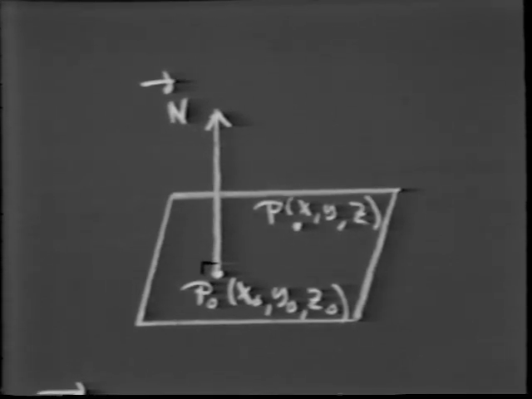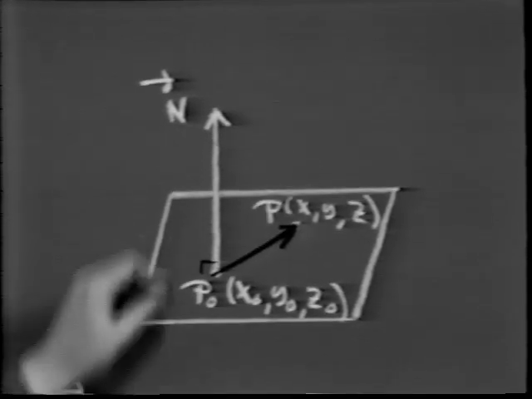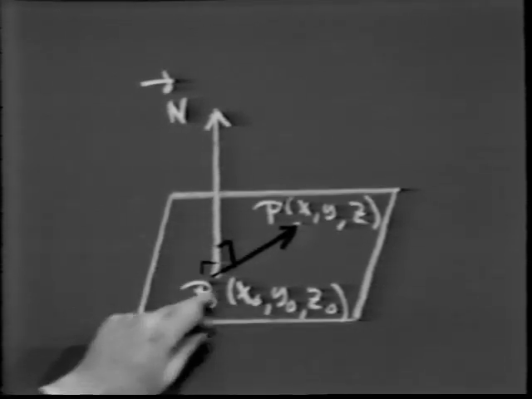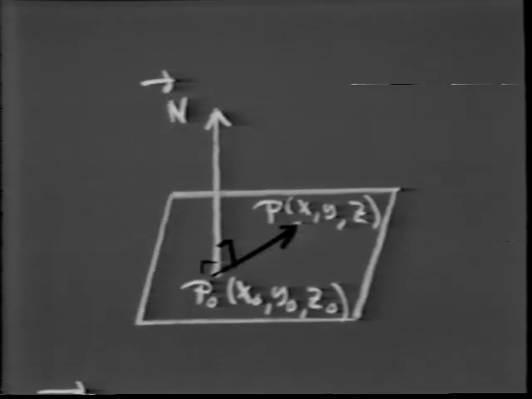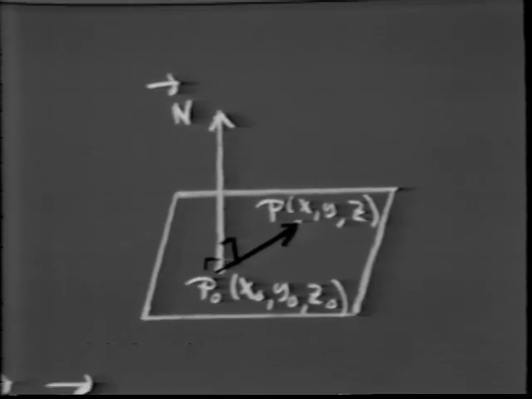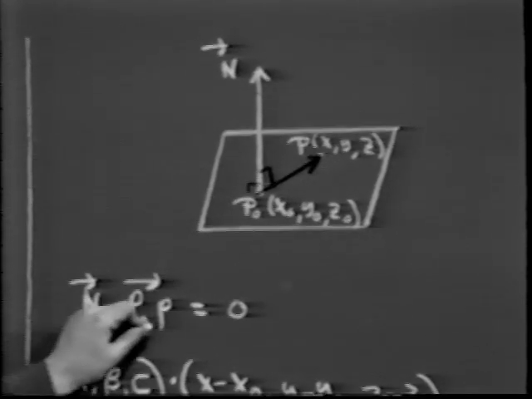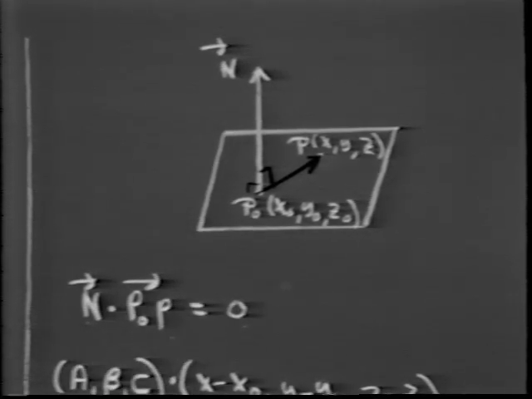And what we say is, what does it mean for the point P to be in the plane? Well, in vector language, for the point P to be in the plane, I think it's rather obvious that P0P had better be perpendicular to N. On the other hand, in dot product language, what does it mean to say that N is perpendicular to P0P? That says that the dot product of N and P0P must be 0.